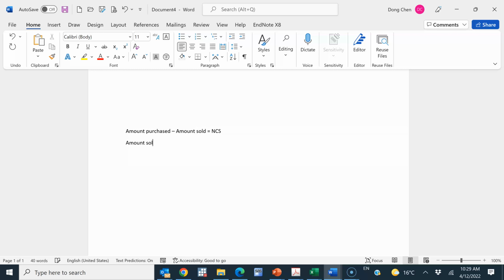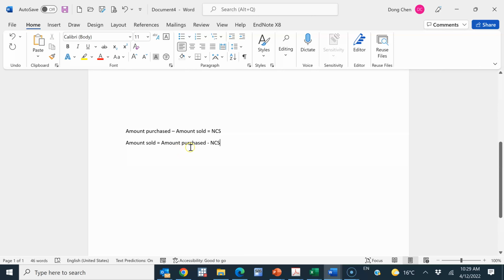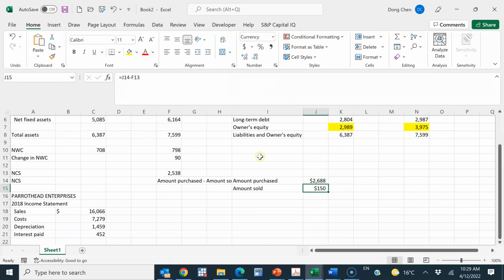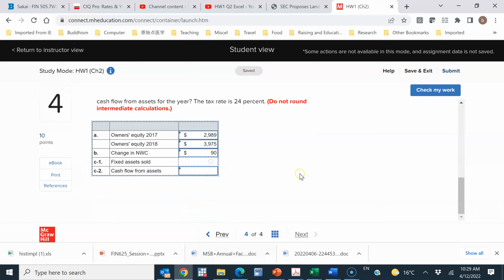Hence, amount sold equals amount purchased minus NCS. That's the formula I followed in getting this amount. The cell reference J14 is the amount purchased, and F13 is the net capital spending. So now I can copy this number back, 150, fixed assets sold.